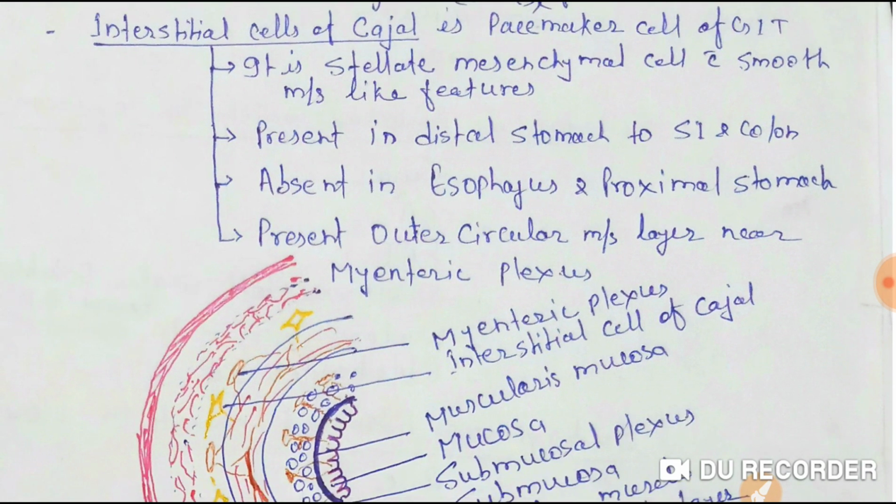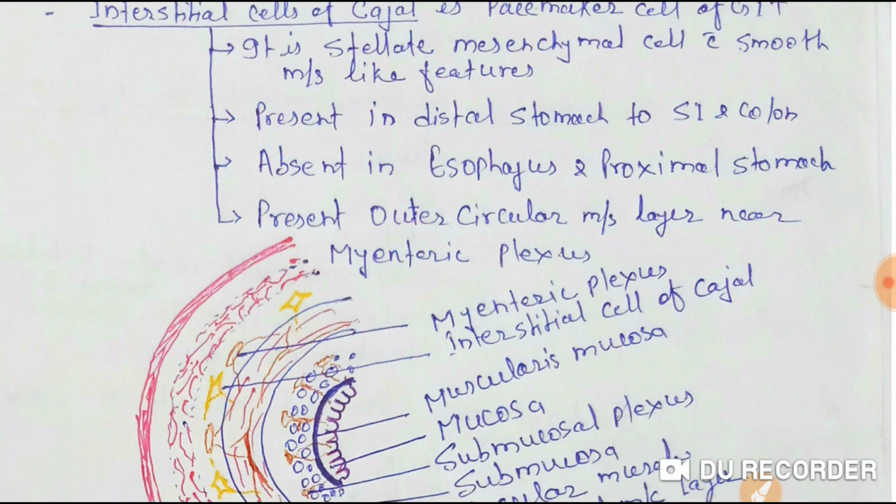So you have to remember the features of a smooth muscle cell, and the same features apply to the interstitial cell of Cajal. It is absent in the esophagus and proximal stomach, and present in the outer circular muscle layer near the myenteric plexus.